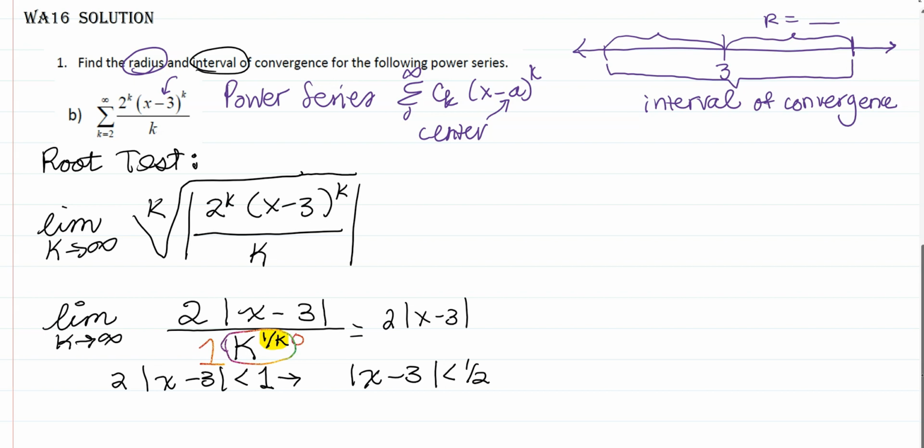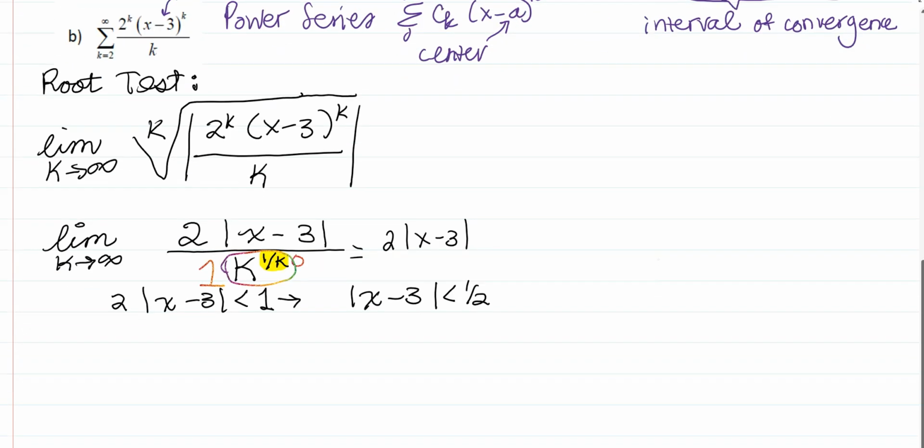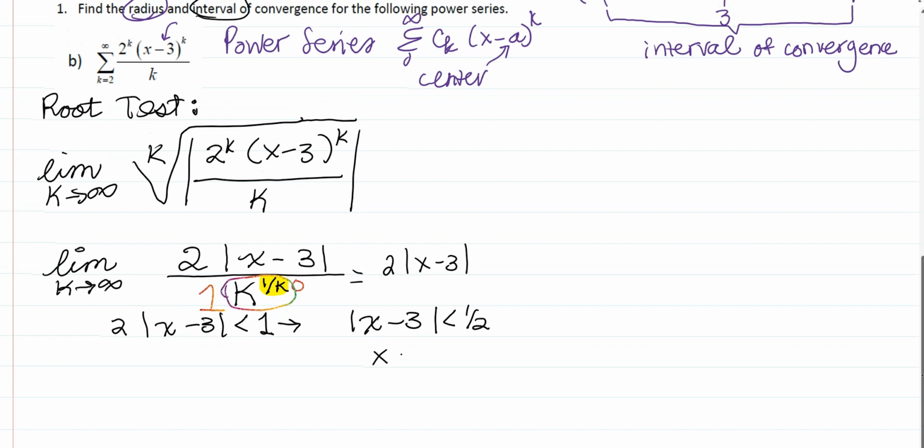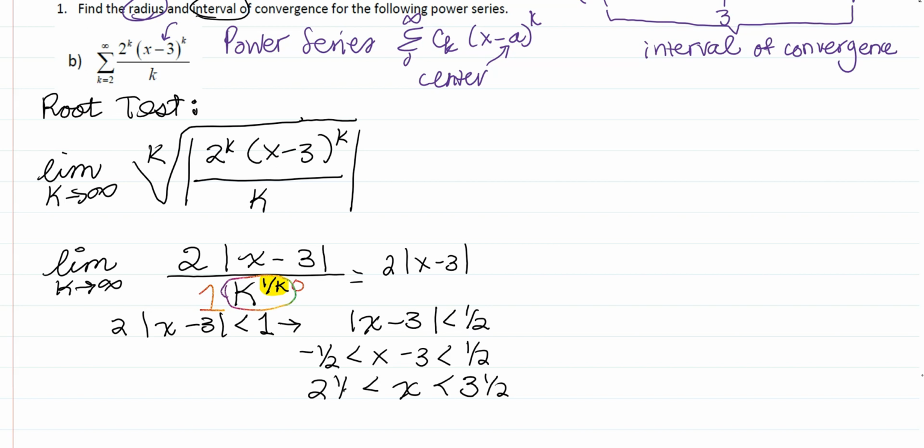That means x minus 3 is going to be in between negative 1/2 and 1/2. So x is really going to be in between around 3. So you will have 3.5, and on the other end, we'll have 2.5. Those are the endpoints of our interval.